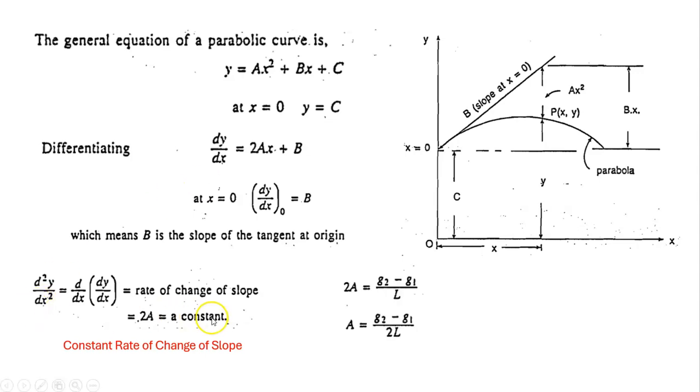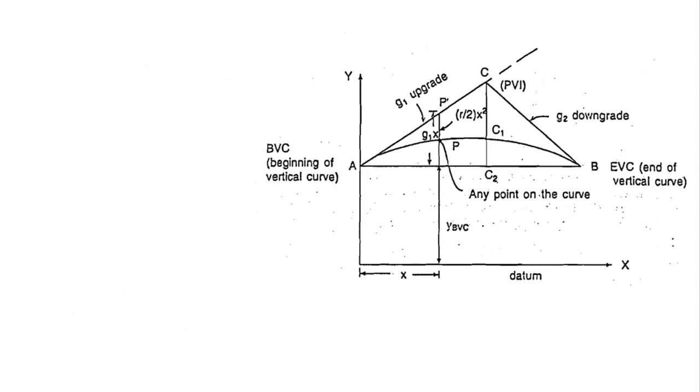Now this 2a is further defined as g2 minus g1 divided by L, where L is the length of the curve, and g2 and g1 are the gradients. Or a, the constant rate of change of slope, is g2 minus g1 divided by 2 times L. So this gives us a very basic idea of calculating capital A, which, remember, is a constant rate of change of slope.